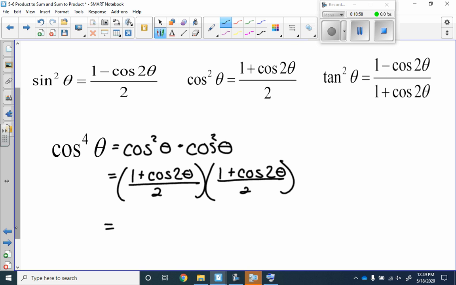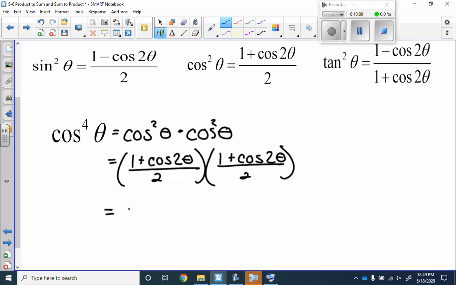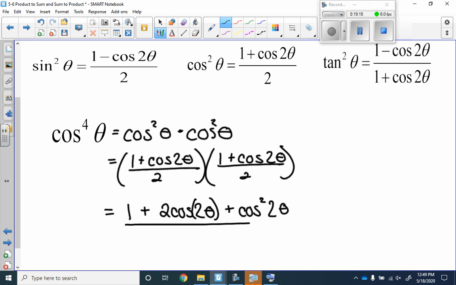And so now if I were to FOIL out my numerator, I get 1 plus 2 cosine 2 theta, and then it would be plus cosine squared 2 theta, all over 4.